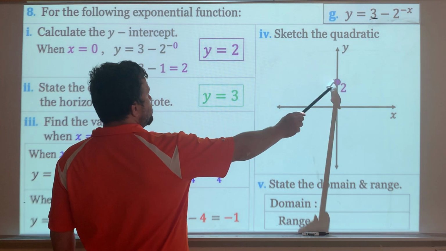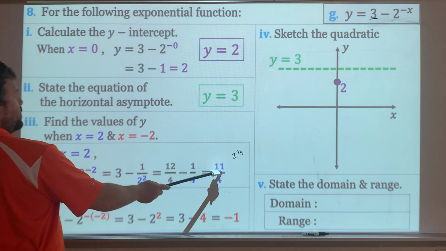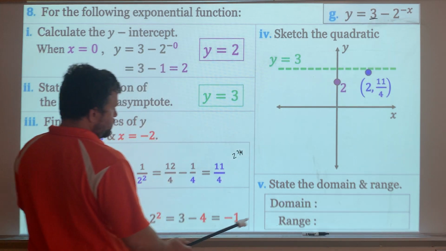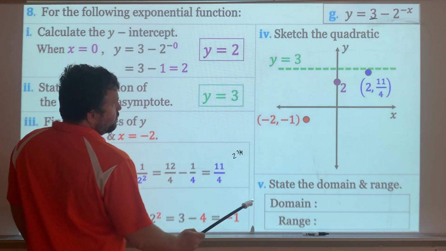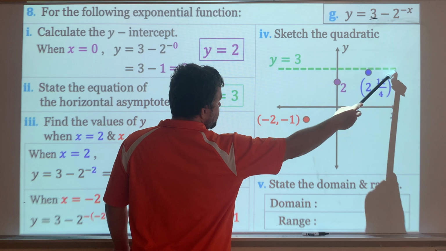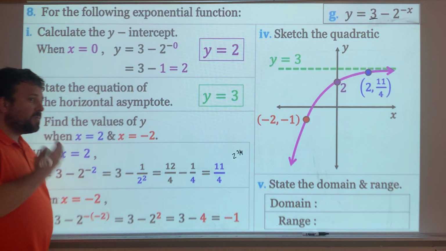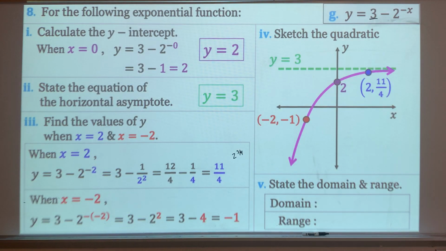Y equals 2. Y equals 3. Okay, 2 3/4. So 2 3/4 is here. Negative 2, negative 1 is down here. Okay, I always go to see which one's closer to here, and I go this one. And there's my answer. Right? Cool. Domain, x is all real numbers, y is less than 3.